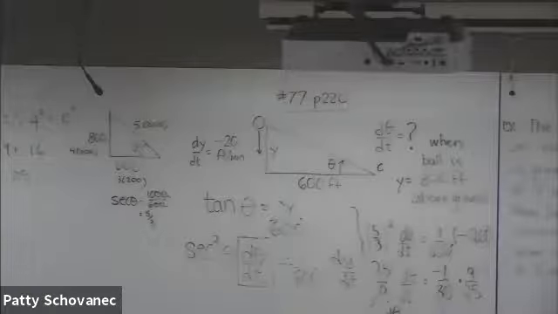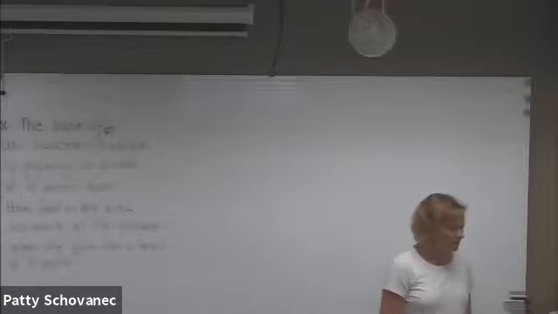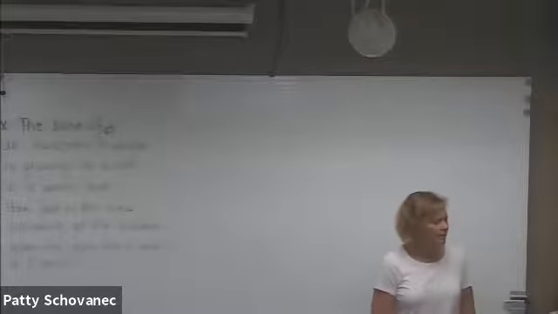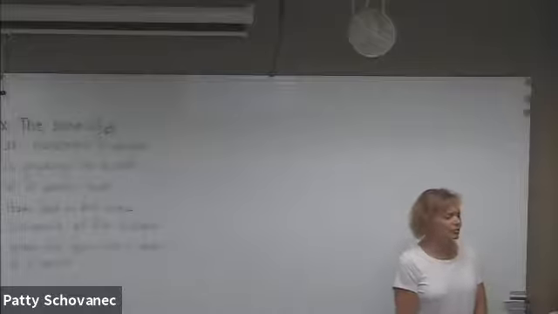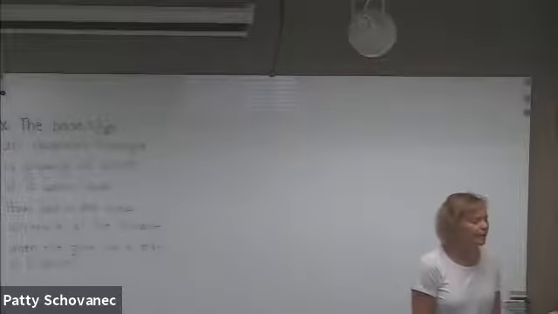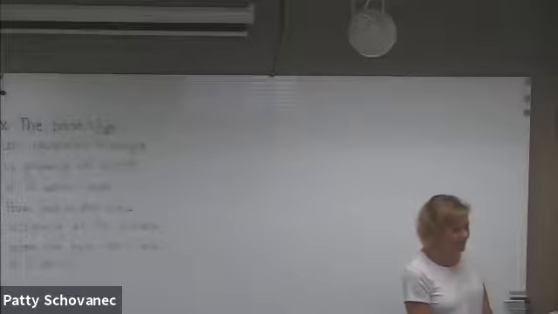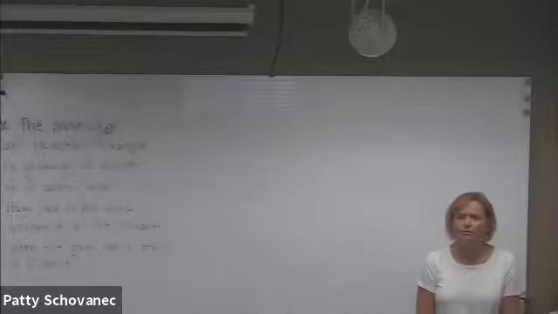Switch to boards. I kind of wrote in no man's land there. The base of an isosceles right triangle is growing at a rate of 2 units per hour. How fast is the area increasing at the instant when the base has a length of 10 units?